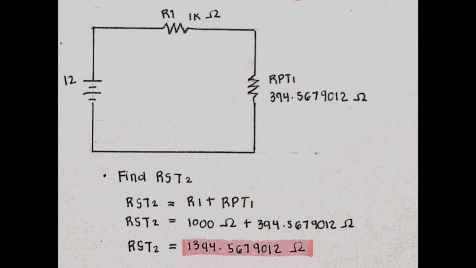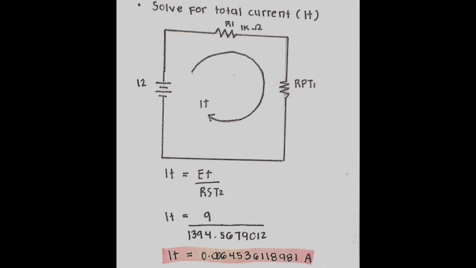We are going to have a total sum of 1,394.5679012 ohms. Using our RST2, we can now begin to solve for the total current or IT.